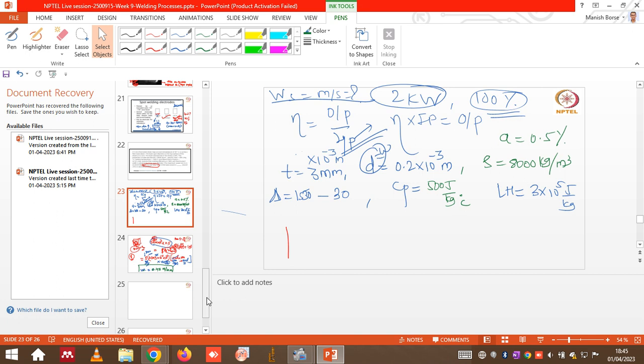Welding speed is distance per unit time, so it again considers a length. That's why welding speed multiplied by area can also be considered as the volume of metal melting with the help of certain input energy.